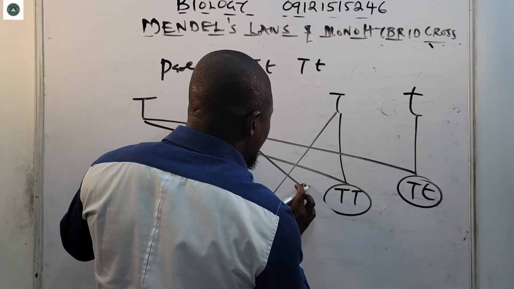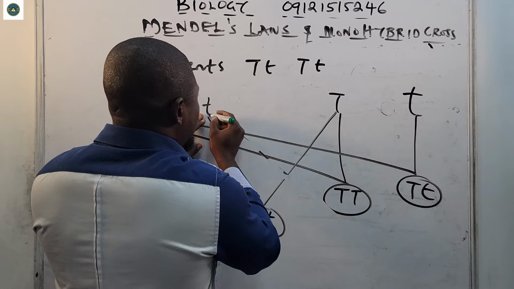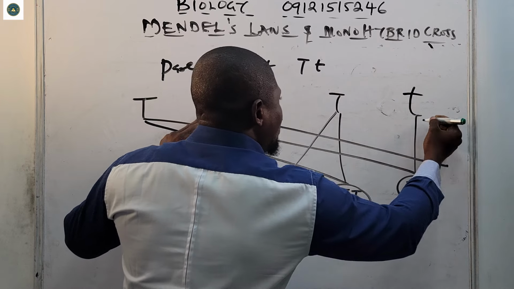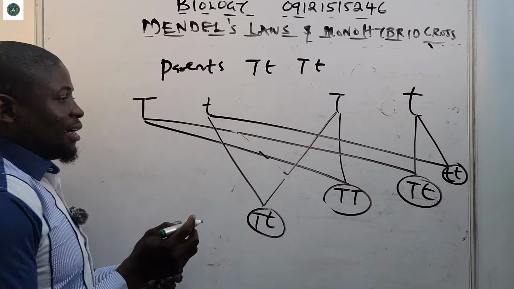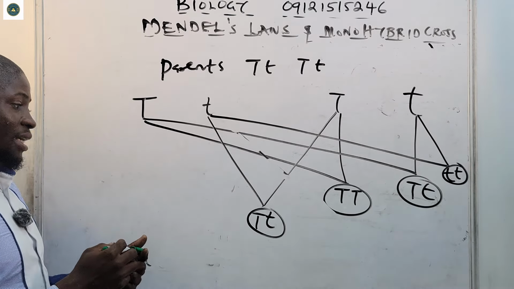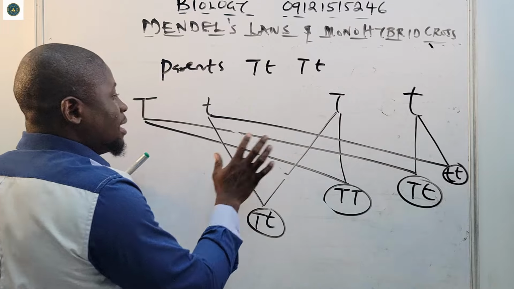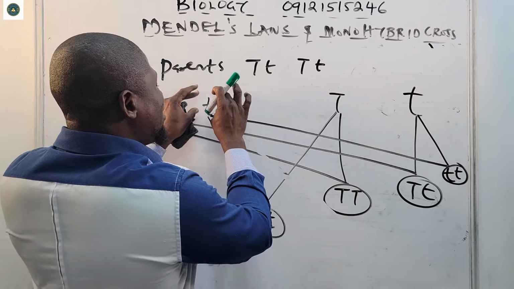Any way you want to do it, whether you bring it here or that way, let us take it this way. Small letter t and small letter t, you cross it, I'm going to have tt. I hope this is very clear. You see, the same result I'm going to get if you use the Punnett square. For this method, if you are using one to cross the other, you keep the other one constant.